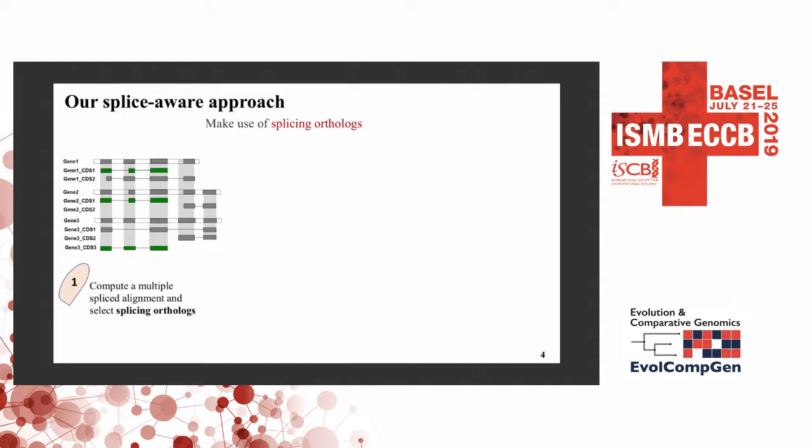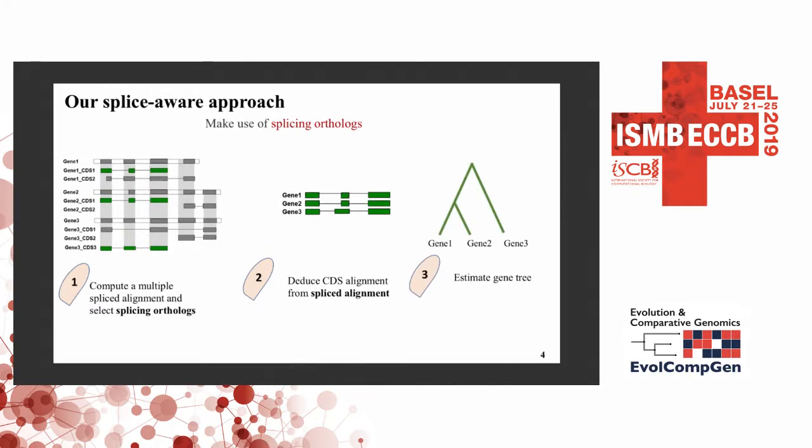Here, for example, we have a multiple spliced alignment, and we infer the green CDS, which are the orthologs, and we can see that they are composed of orthologous exons. After, we deduce the CDS alignment from this multiple spliced alignment, and finally, we estimate our gene tree.